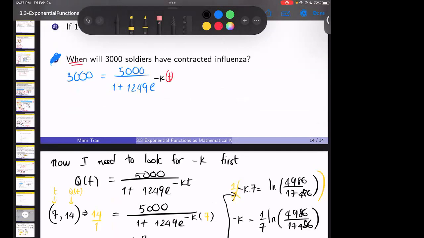My first step was I write 3,000 as 3,000 over 1. Crisscross multiply.